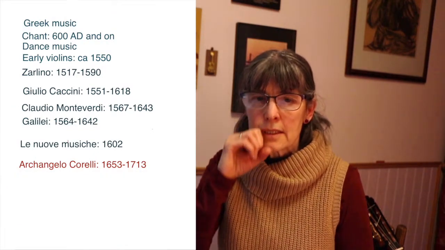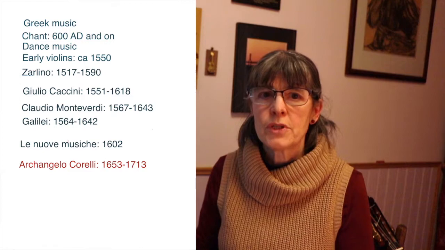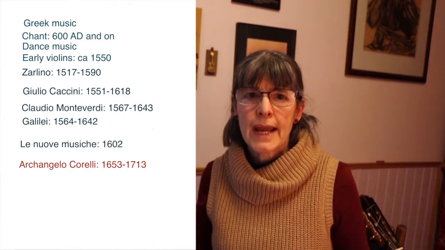Sometime later, along come the Amati brothers, the younger ones, because their grandfather made the first violins. But these 2 younger brothers, who arguably still haven't been surpassed as violin makers, and then along comes Corelli, and Corelli develops the sonata. Well, up until then, there was music that you sing, music that you dance to.